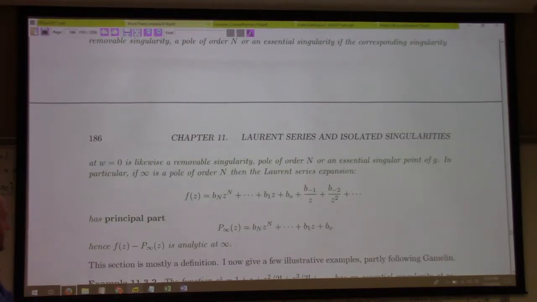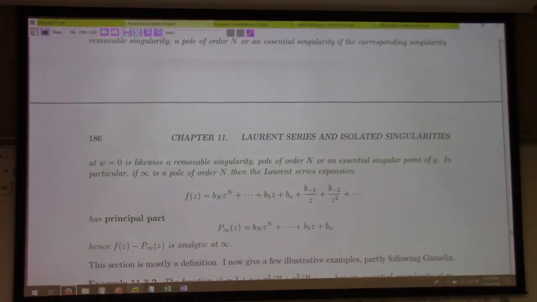Okay? The principal part of the expansion about infinity is the polynomial part. And one of the things you can see from that is that if you subtract off the principal part, you're just left with this term over here, which would then be analytic at infinity, as we studied when we looked at analytic functions at infinity in the previous chapter.